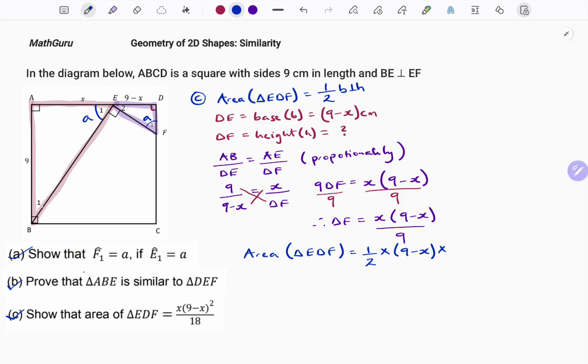And I have that as x in bracket 9 minus x divided by 9. So therefore, that is equal to, for my numerator, x in bracket 9 minus x twice, so that's squared. I'm not going to expand that. Divided by 2 times 9 for my denominator, that's 18, and that will be in square centimeters. So I've been able to show that the area of EDF is as given.